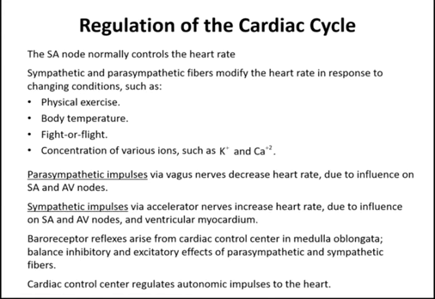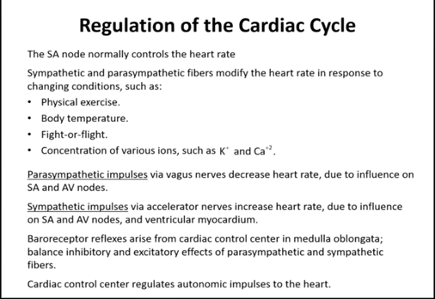Your sympathetic nervous system is going to send out commands to increase your heart rate, to pump harder and faster in response to maybe a fight or flight situation. Both the parasympathetic impulses and the sympathetic impulses are going to the SA and the AV nodes. The sympathetic also goes through the ventricular myocardium, the muscle layer of your cardiac wall in the ventricles.